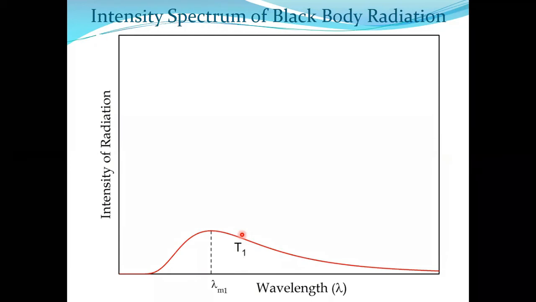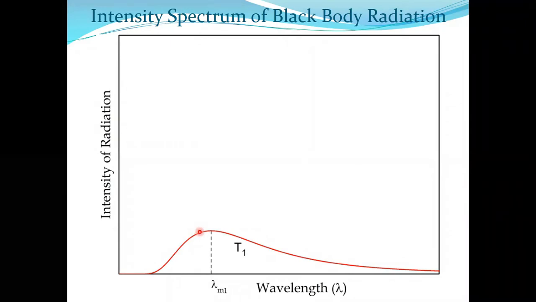And the characteristic we have discussed is that intensity of radiation is not uniformly distributed for all wavelengths. You observe that for this wavelength, intensity has this value, whereas for this wavelength, intensity is larger.